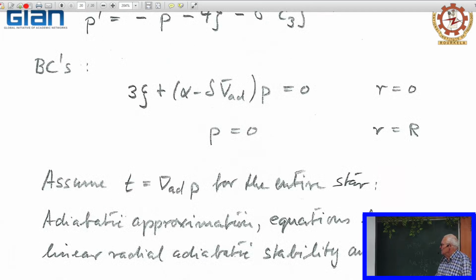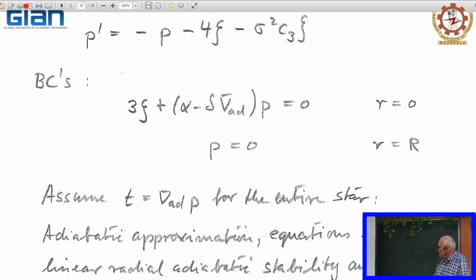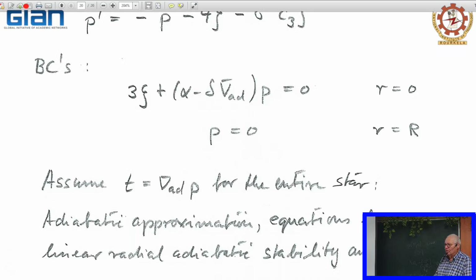Okay, so these are at the same time not only those equations to which the general equations reduce in the case of getting close to the center of the star, but these are also the general equations for the assumption of adiabatic changes of state, or this is the adiabatic approximation.